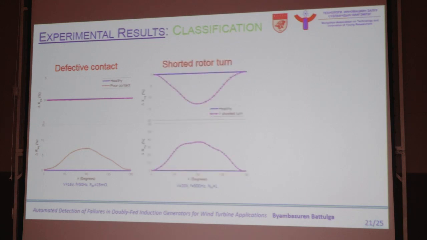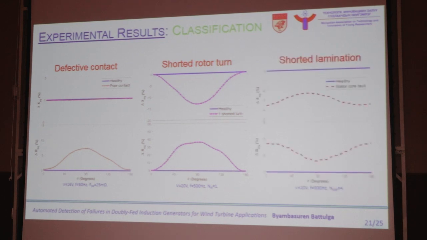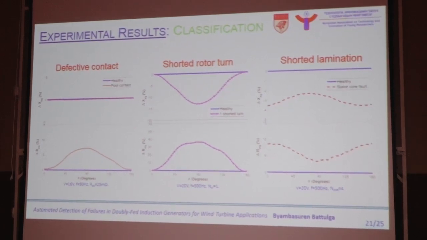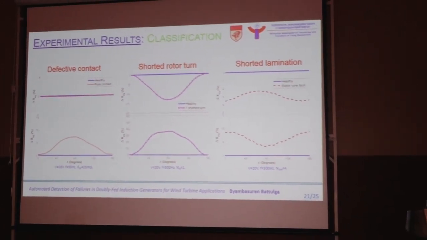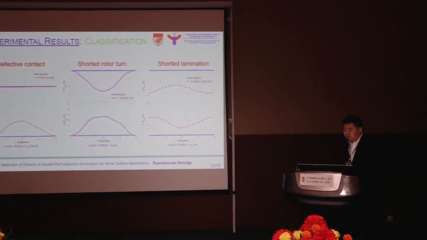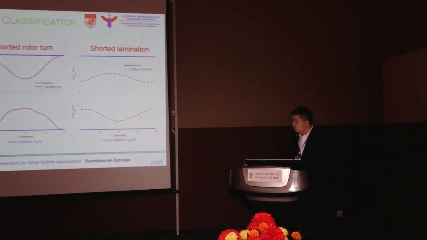The next graph for rotor turn fault shows clear sinusoidal increase in REQ and decrease in XEQ. And the last graph for stator core fault shows non-sinusoidal pattern, as you can see. The unique and smoother pattern makes it easy to distinguish three faults. This also enables non-invasive condition monitoring of stator core insulation.